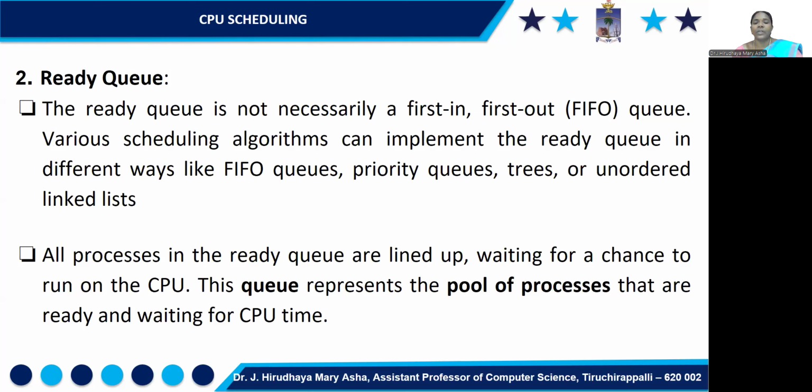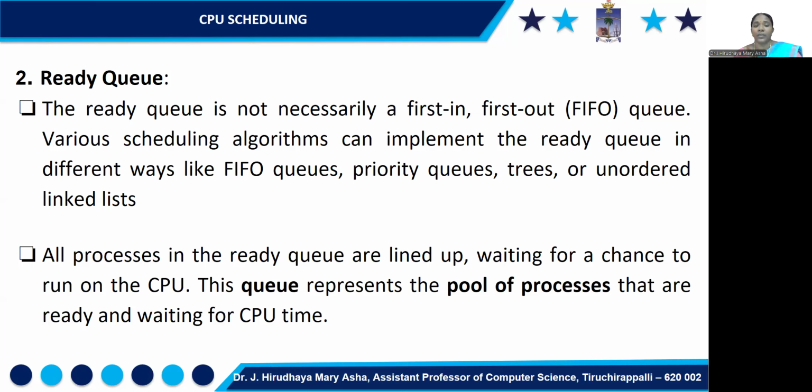Here, the ready queue is nothing but a queue which behaves like the queue that we use in our daily life. Here, there are some terminologies. It may be first in, first out, or priority queue, trees, or unordered linked list ways. You can use any queue like this, but there is no necessity to follow the first in, first out concept.